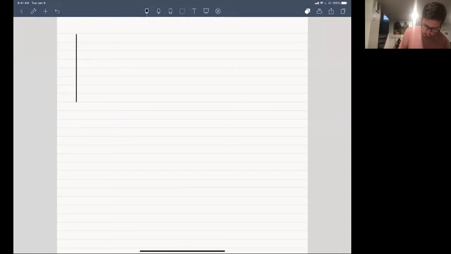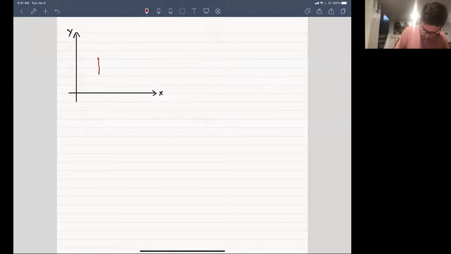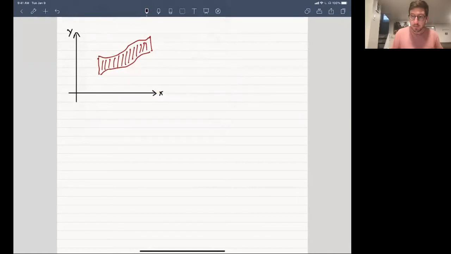Let's imagine that I give you some general region in two-dimensional space. So let's say I give you a region that looks like this, and I ask you to revolve this thing around the x-axis.